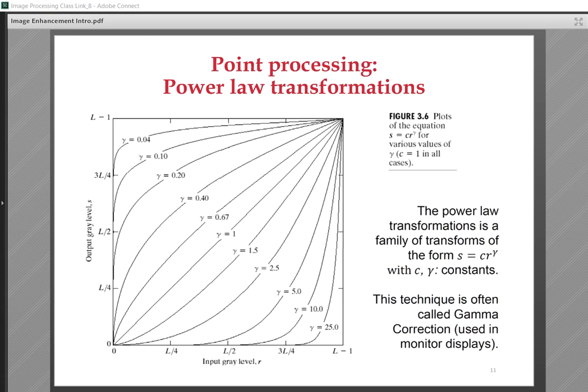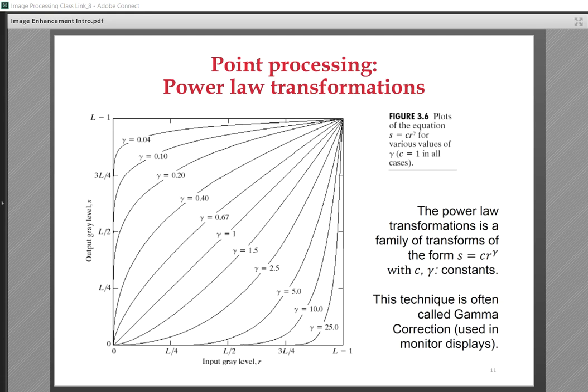Another transformation in point processing is the power law transformation. The power law transformations are a family of transforms of the form S = C R^gamma. The transformed level S is C times R powered by gamma.